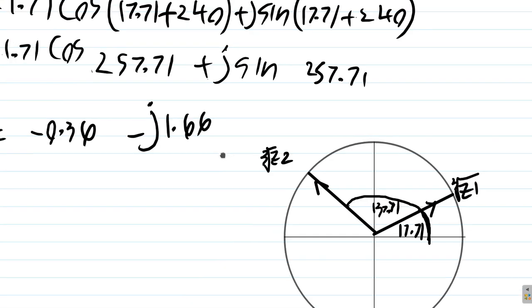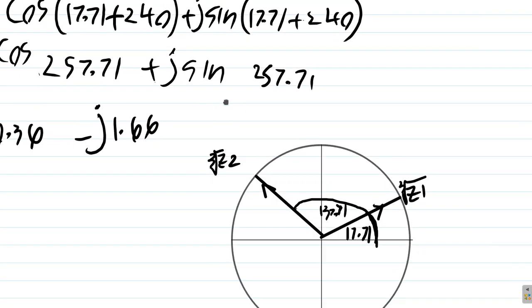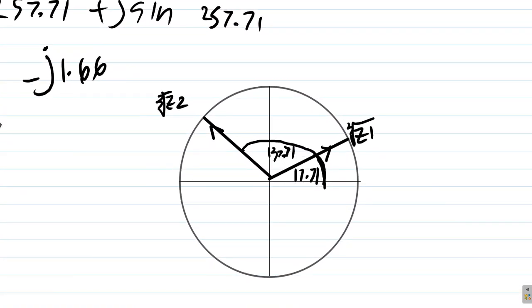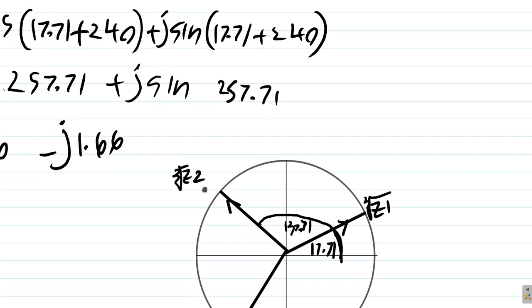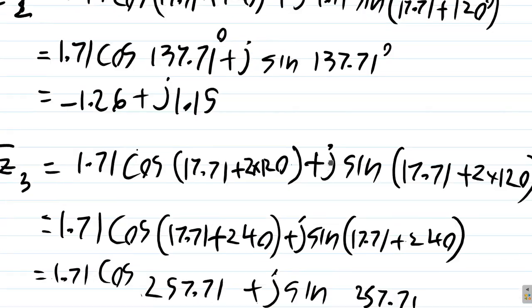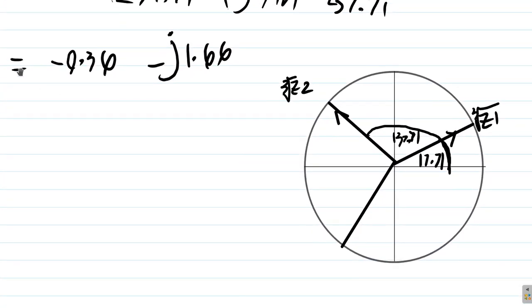And then the third cube root, the angle was 257 point odd. This is 270, 257. Not too close to it, but kind of close. And that's negative 0.36, negative 1 point something.